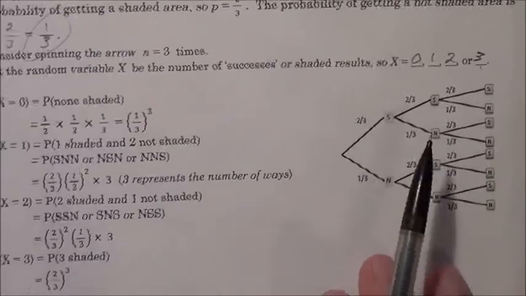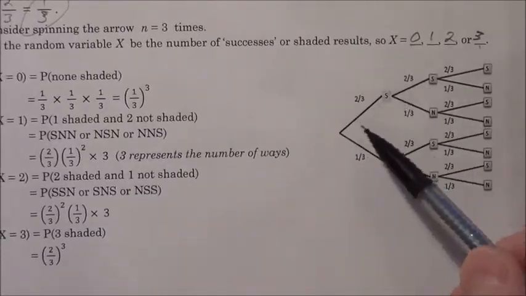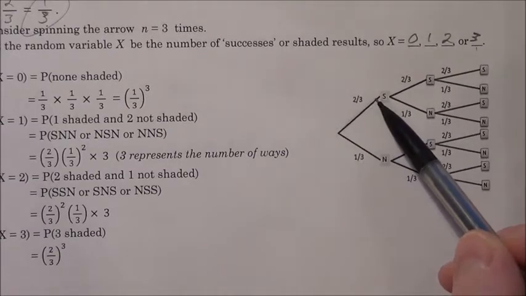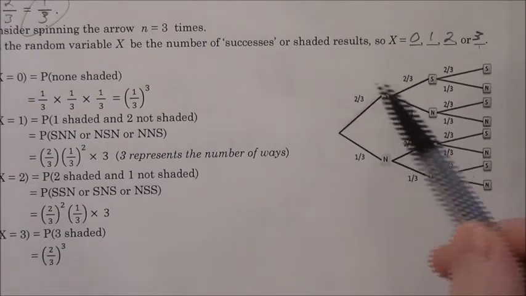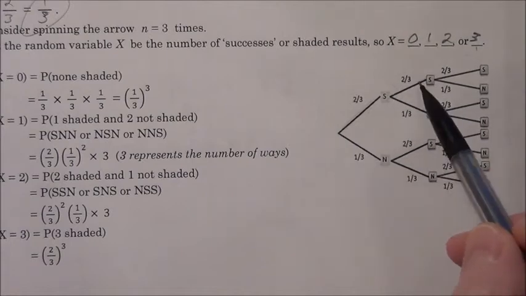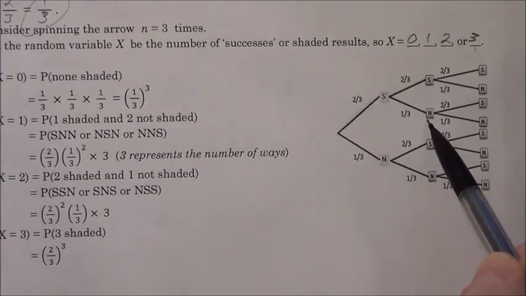So we set up the tree diagram. On the first spin, there is a 2/3 probability that it's going to be shaded, 1/3 is going to be not shaded. And after the first spin, we spin it again. There's 2/3 of a probability that it'll land on the shaded section again, and only 1/3 is going to be non-shaded.